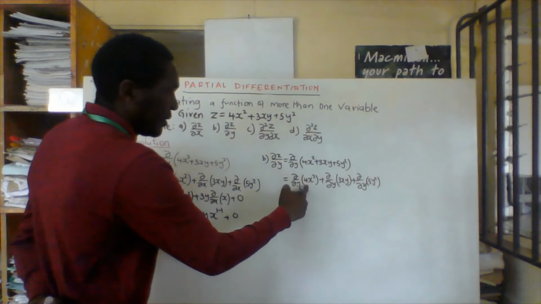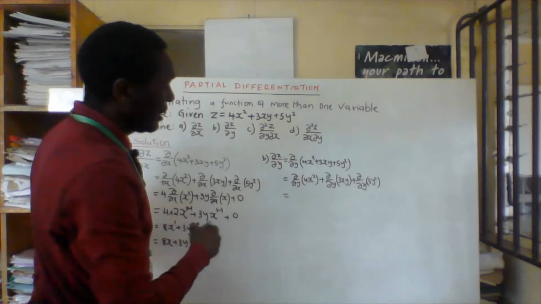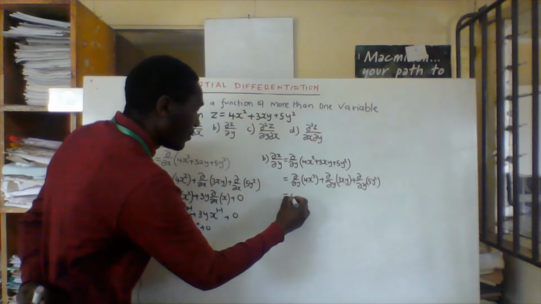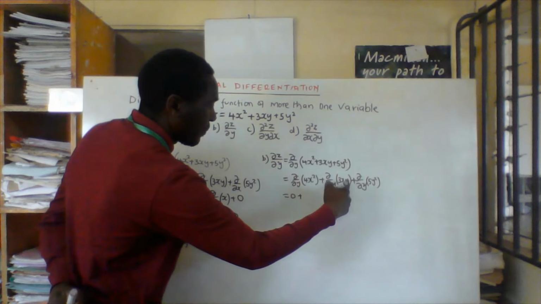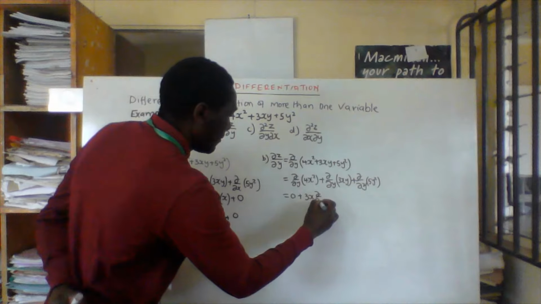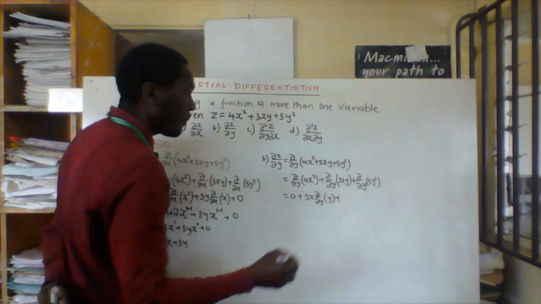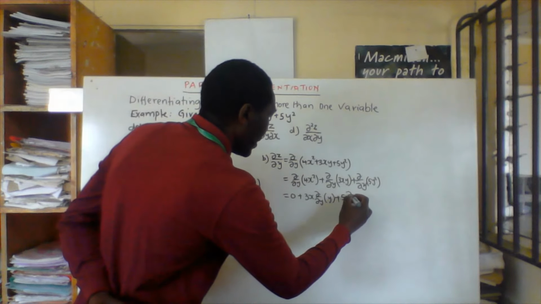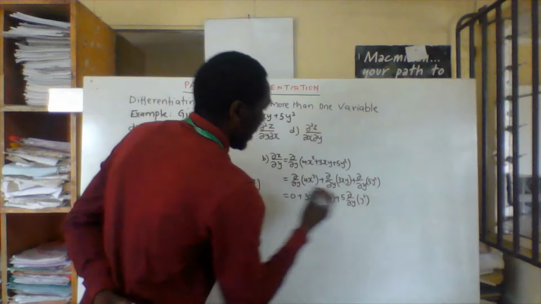Now, because there is no y here, 4x squared is a constant, and when you differentiate a constant you get 0. Then we have 3 is a constant, x is also a constant, so 3x times the partial derivative with respect to y of y, plus 5 is a constant, times the partial derivative with respect to y of y squared.